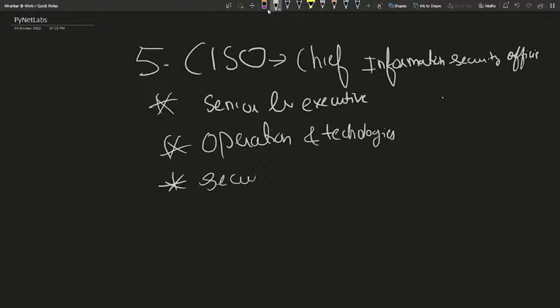Security risks are basically handled by the CISO only. If there is a security fault, CISOs are fired. They are also responsible for overseeing the implementation of security policies and procedures within the organization. So that is about the CISO.